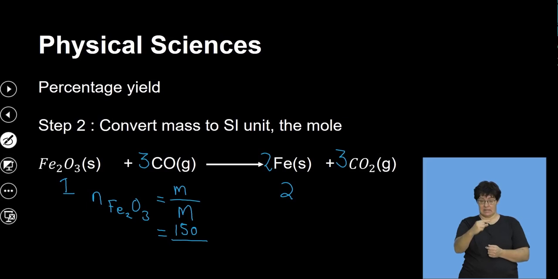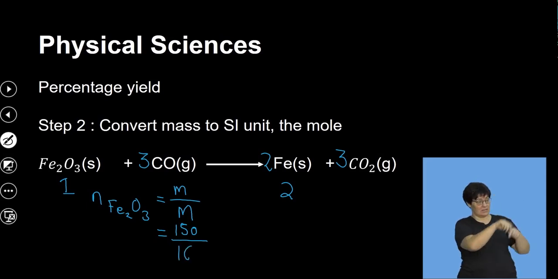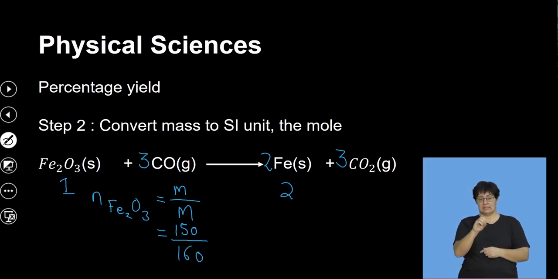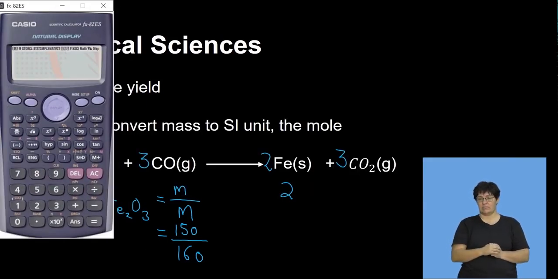Now, the molar mass of iron 3 oxide, if you go back to the periodic table, you'll get 160 grams per mole, okay? So if we go to our calculator, just to check the calculation, we'll have 150, that's the mass of the sample, divided by the molar mass, which is 160 grams per mole. This gives us, as a decimal fraction, 0.94.